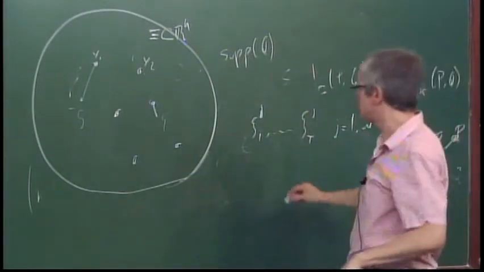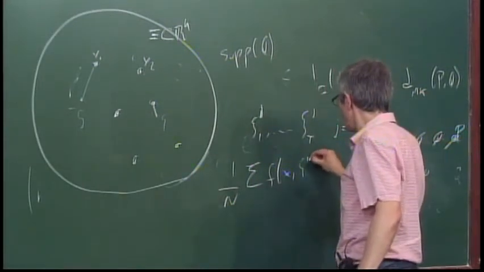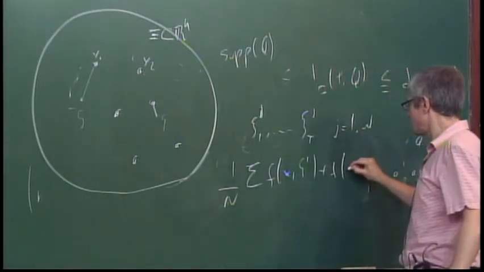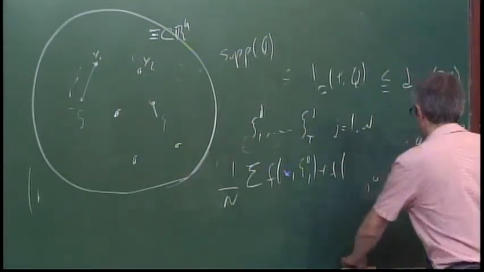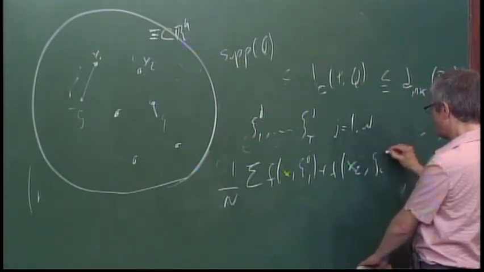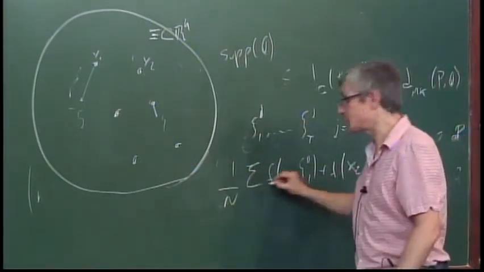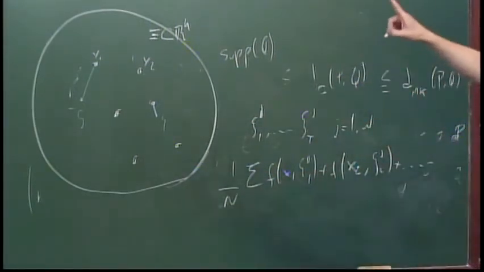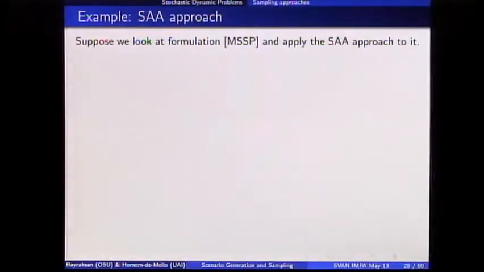And then I just calculate 1 over n, the summation of f1(x1, xi1j) plus f2(x2, xi2j), and so on, and take the average. Just replacing the expected value with an average. That would be the SAA approach to this one. But what would happen in this case?